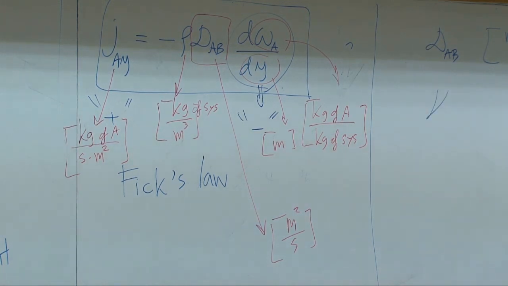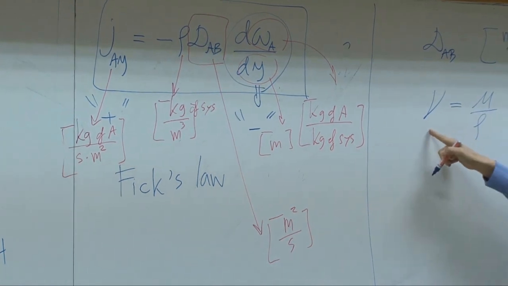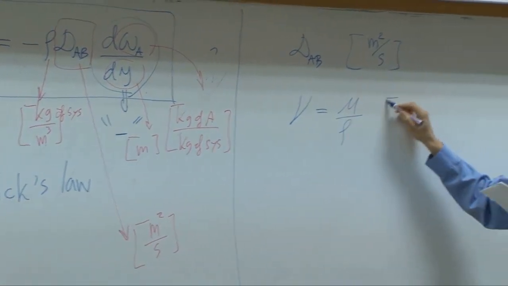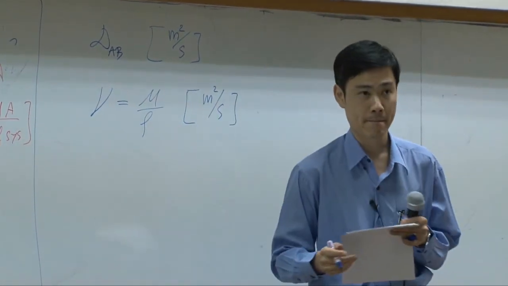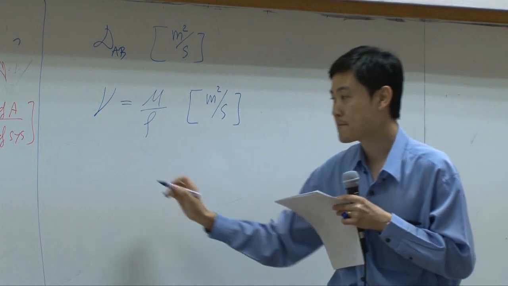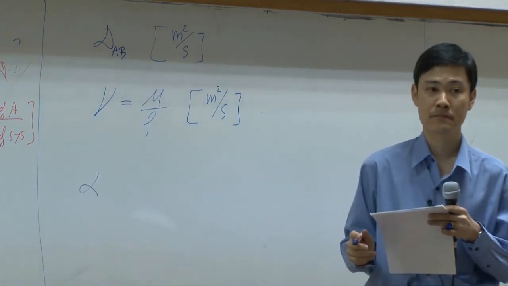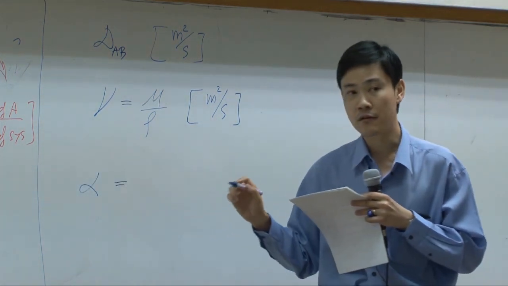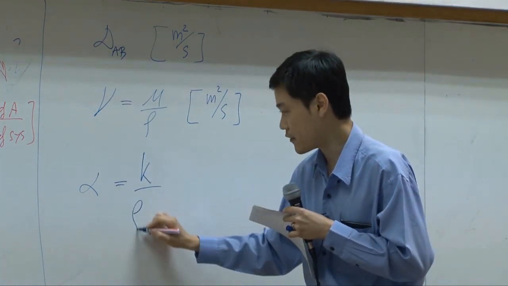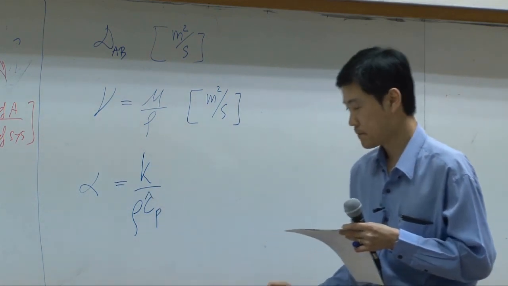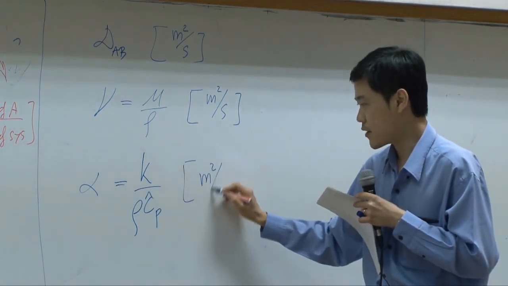Mu here, do you recognize this variable? It is viscosity per density, called kinematic viscosity. It also has units of square meter per second. Okay? Alpha, which is called thermal diffusivity, is defined as K over rho Cp, and has units of meter squared per second as well.